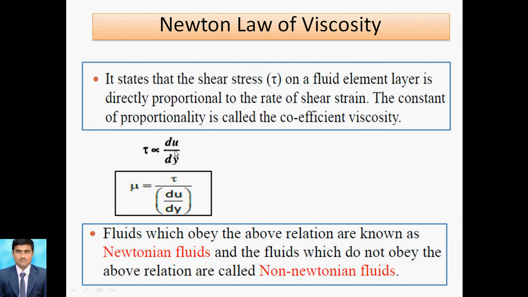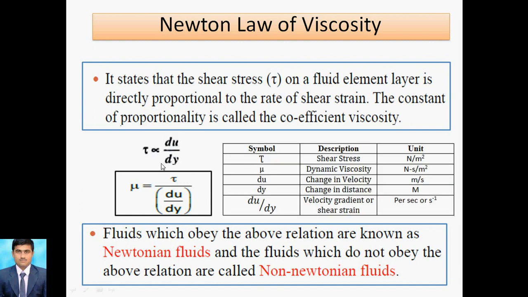That is called Newton's law of viscosity. The next phenomenon is that the fluid which obeys Newton's law of viscosity is called a Newtonian fluid. And if it does not obey Newton's law of viscosity, that is called a non-Newtonian fluid.